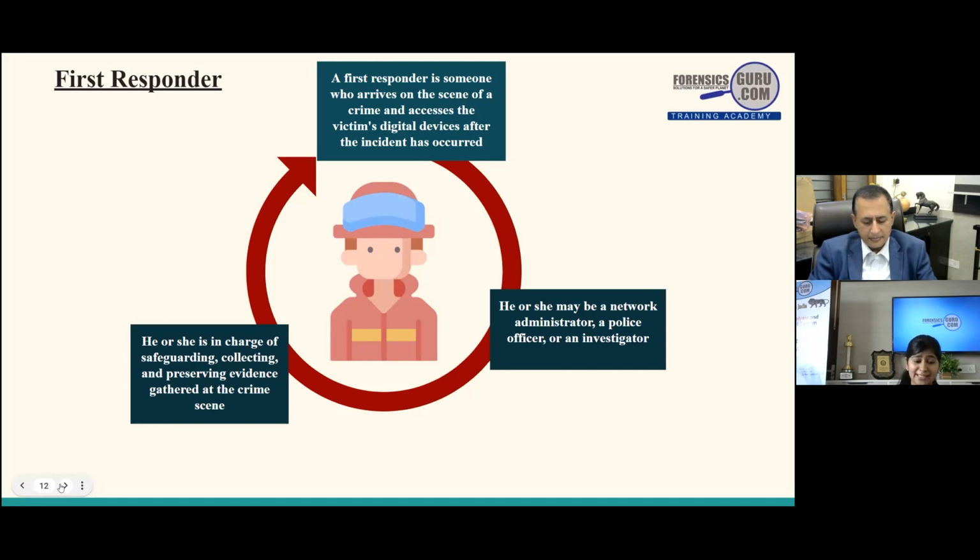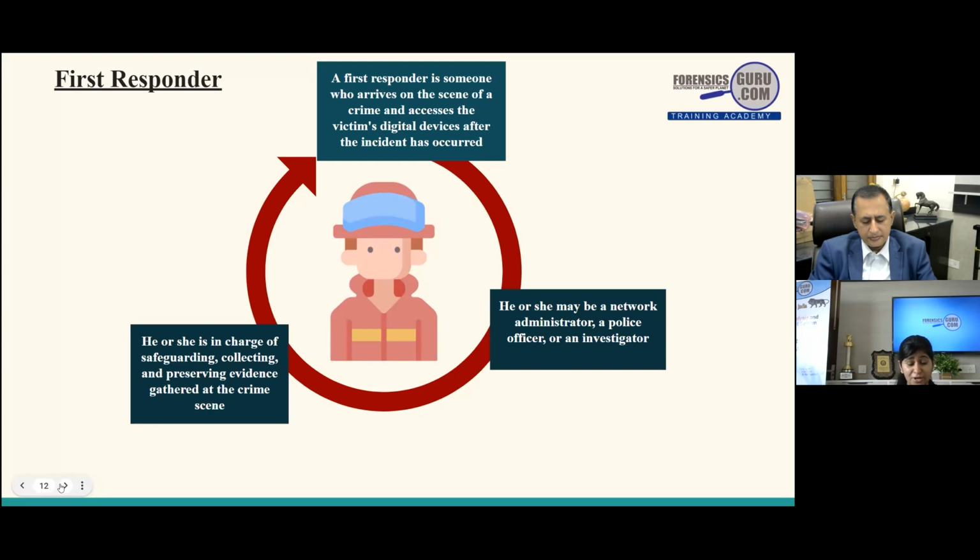As a first responder, the forensic person observes the crime scene in its very original stage, and the first responder is in charge of securing the crime scene as well as collecting and preserving evidence acquired at the crime scene in the best secure manner.